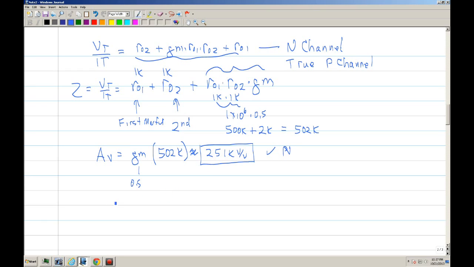Okay, so the real gain would be A sub V equals GM, and let me go ahead and write this mathematically. We're going to say that it's the R summation of the N channel in parallel with the P channel.